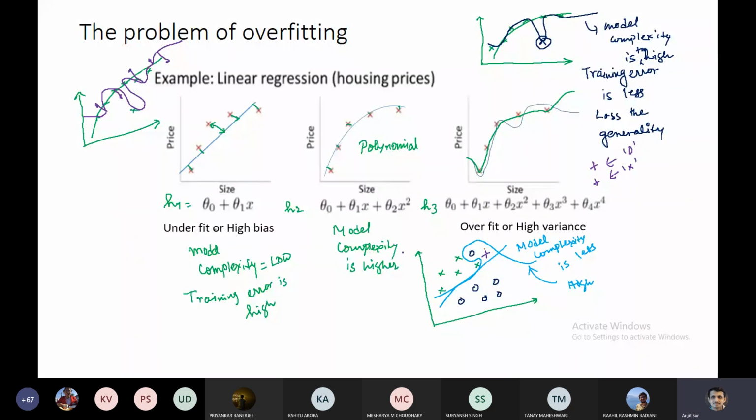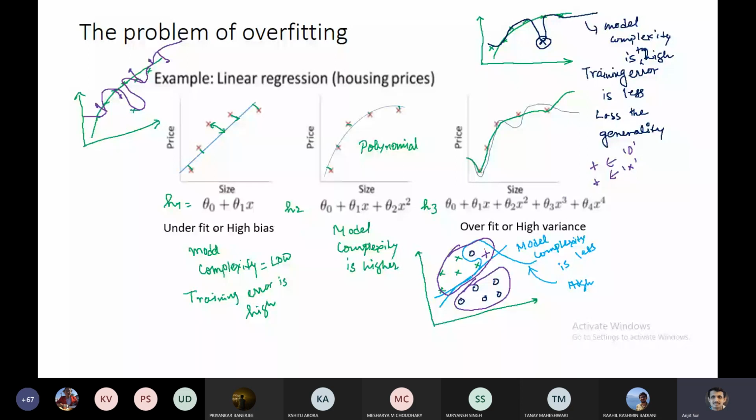Now, you see, these particular data points have some sort of clustering like this. Okay, and these data points are clustering in this. Okay, so even if this is very accurate with respect to the training, it loses the generality of the given data points. Now you understand what generality means.